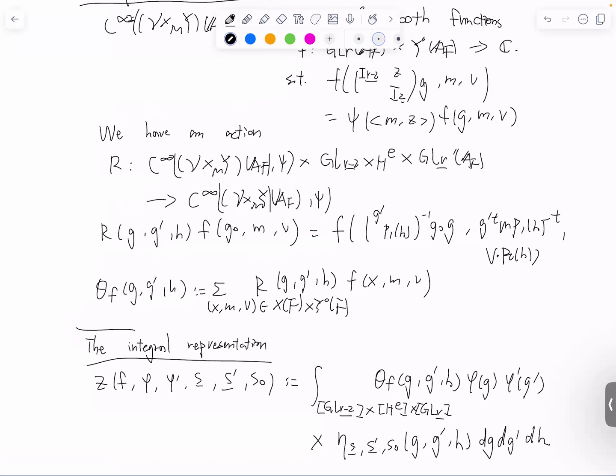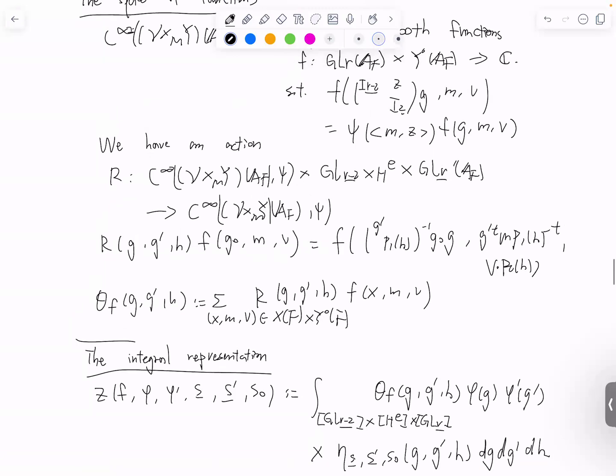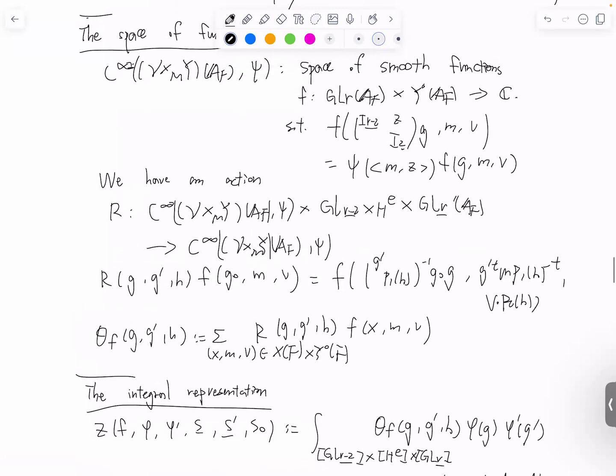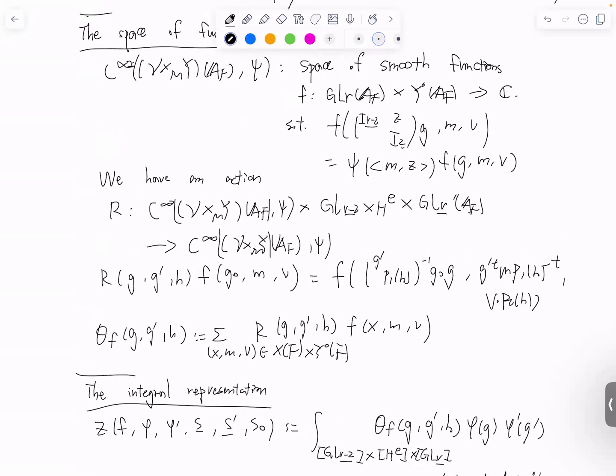And then it's clear that this is left invariant with respect to, say, GL_R minus 2(Q) and also GL_R(Q) and also H_epsilon(Q). Because usually when I think of a theta function, to prove it's modular, you need to use Poisson summation.